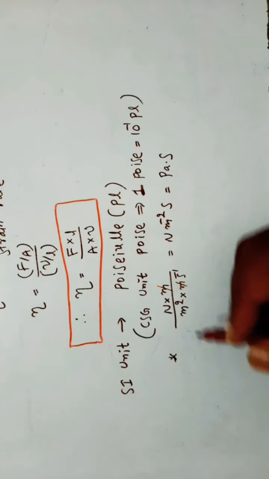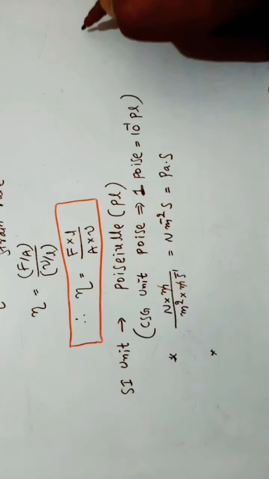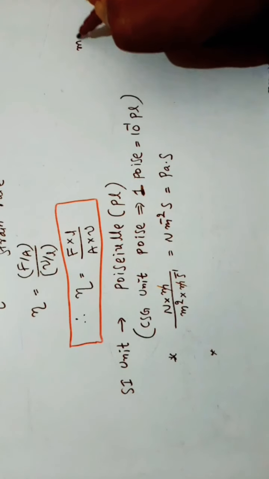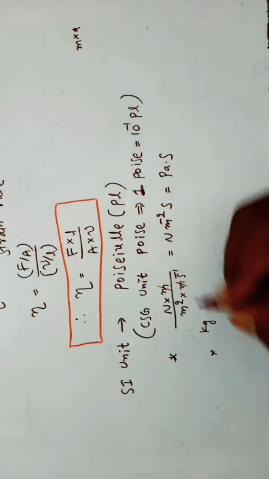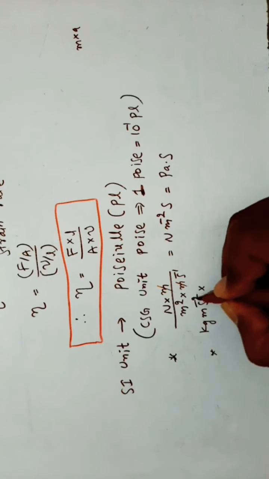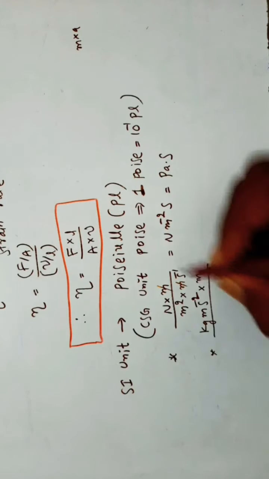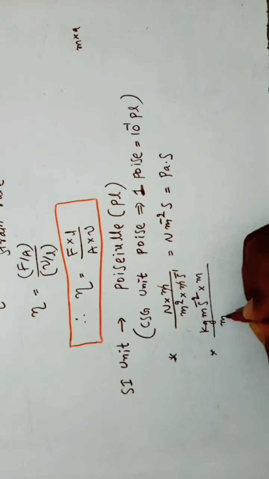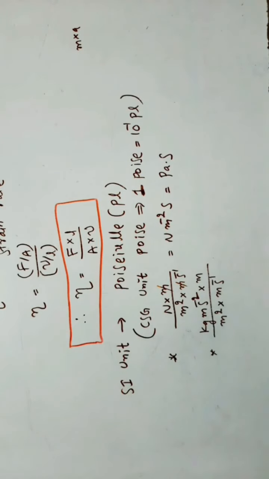We can also write force is equal to mass into acceleration. The unit for mass is kg, the unit for acceleration is meter per second square, into meter, by area meter square into velocity meter per second.